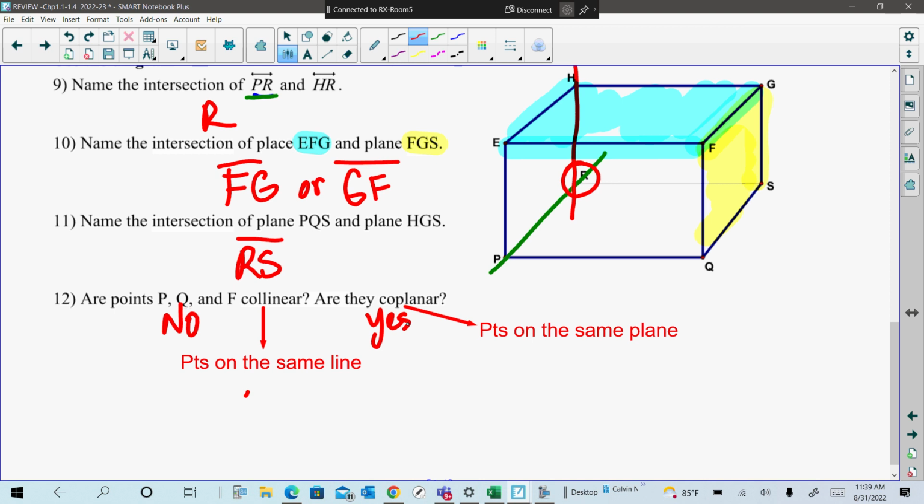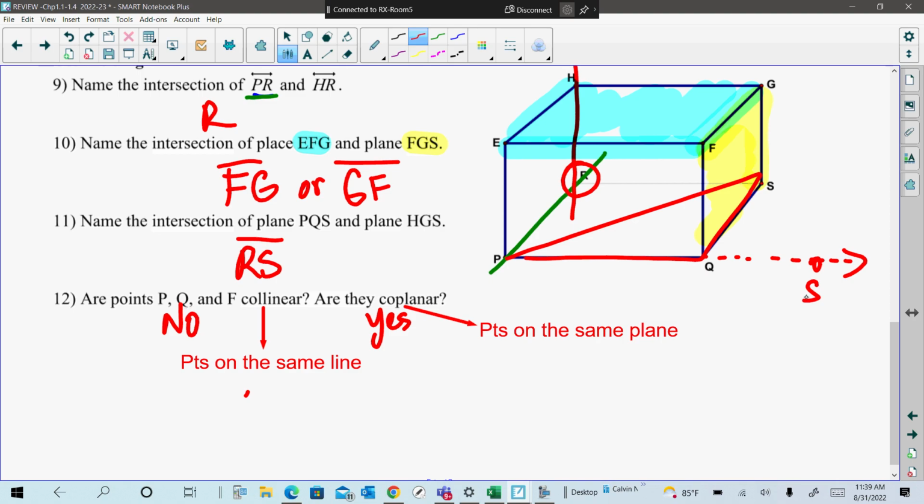Yeah. So is PQS collinear? Because PQS makes that triangle. So for it to be collinear, I would need some extension and a point up like there.